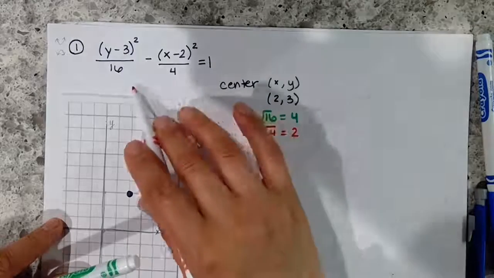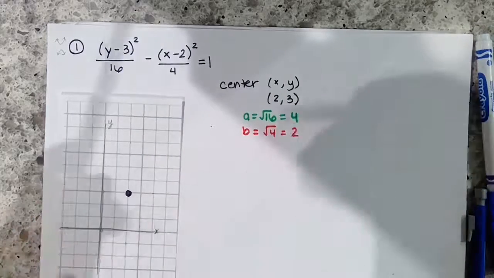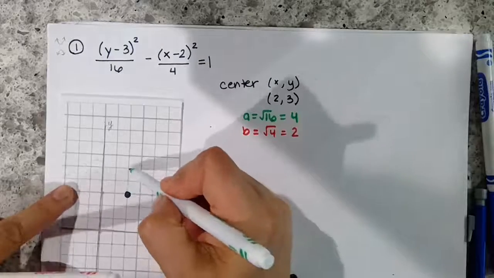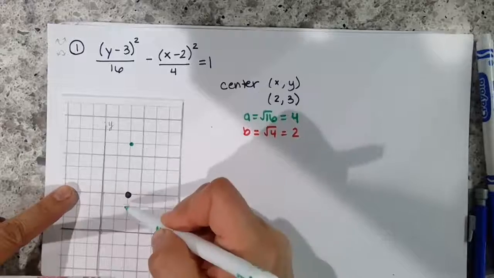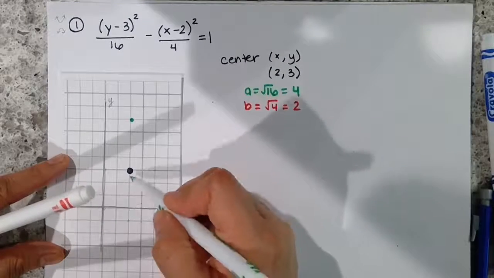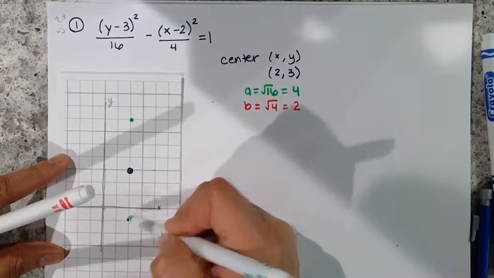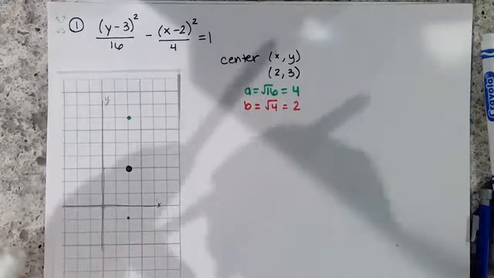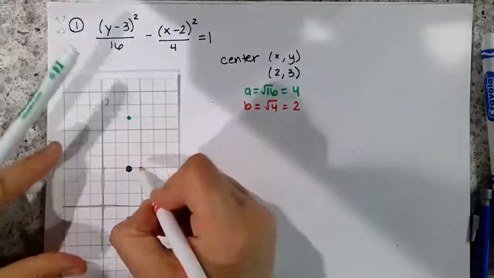Under our y, we're going to go up 4 units. So 1, 2, 3, 4 units here, 4 units down. And then horizontally from our center, we're going to move 2 units.